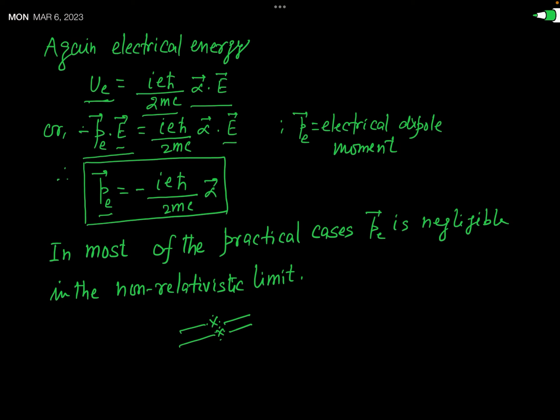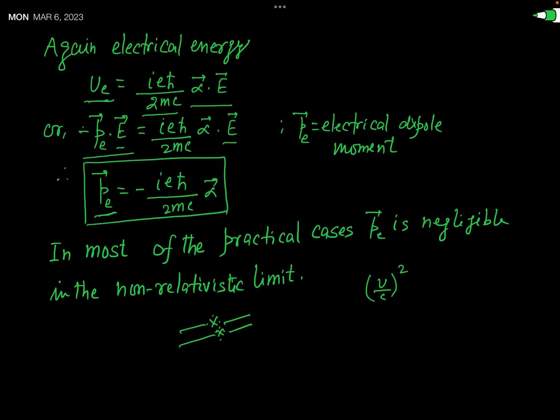So we do not take into account this electrical dipole moment of the Dirac particle, and we simply say that the Dirac particle has the magnetic moment. In most practical cases, this term which represents the electrical dipole moment of the Dirac particle is of the order of v over c square.